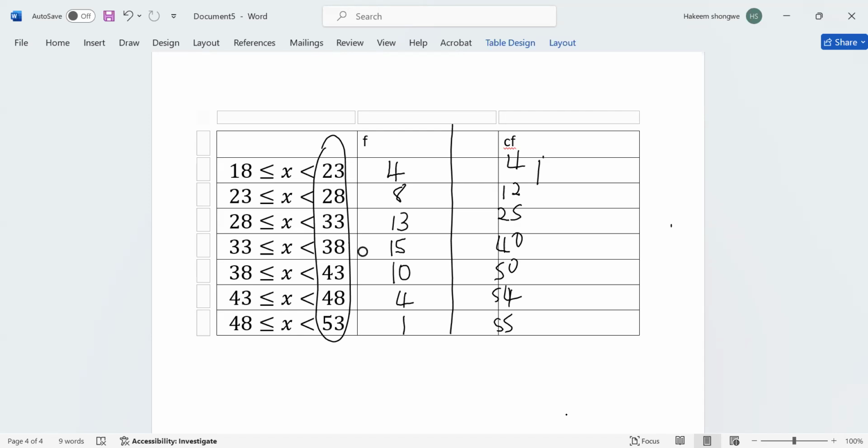A question like this one, they will give us something like 3 marks. Yes? You started with 0 here.